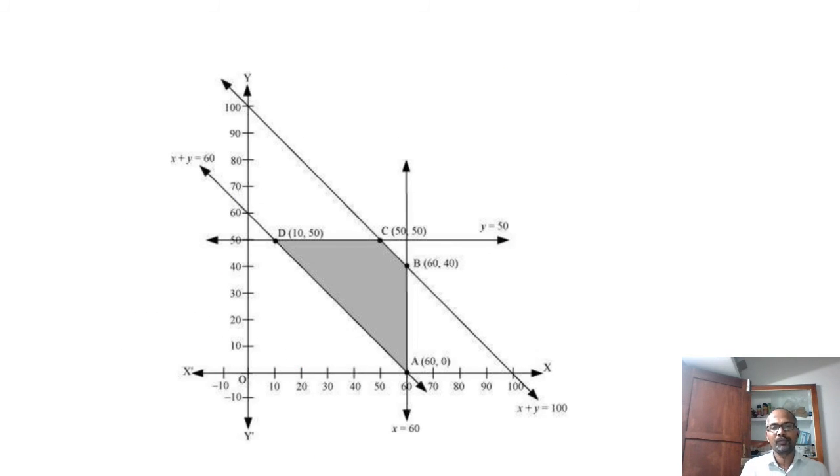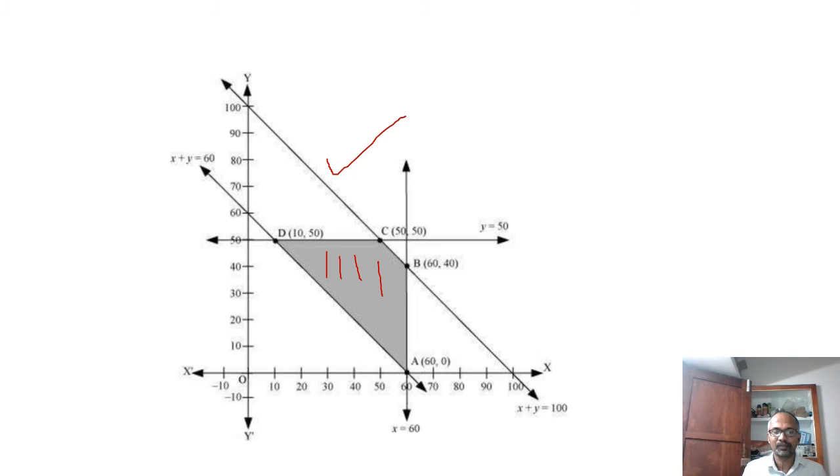The graph of the linear programming problem is of this form. You know how to draw the graphs of the inequalities. And here the feasible region is this shaded region, and you can see that this is a bounded feasible region, so there is no issue.